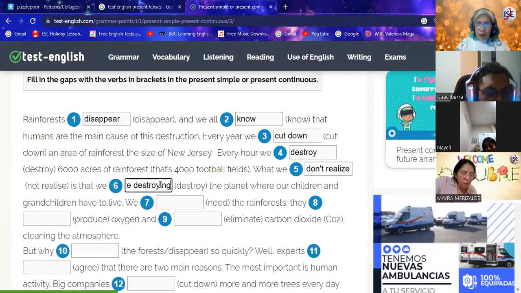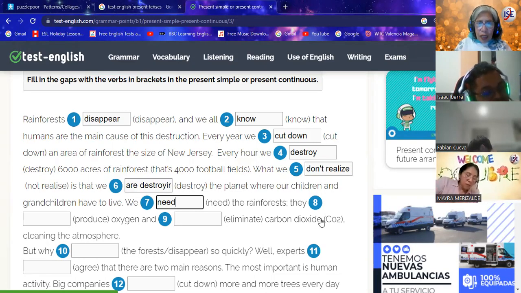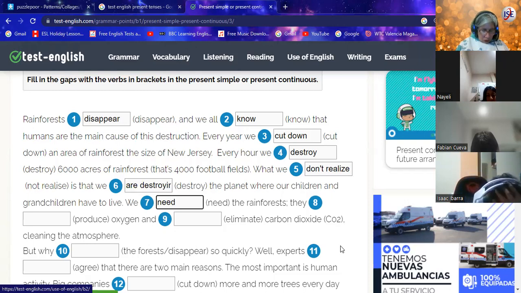We, Fabian, we need or we are needing the rainforest? Need. We need, because need cannot use ing. We need the rainforests. They, Nayeli, produce oxygen. They produce or they are producing oxygen?